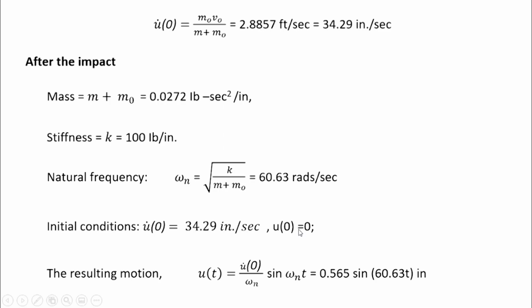Here the initial displacement was 0, so we don't have the cos omega n t term. So the total response is equivalent to b, that is u naught dot divided by omega n, sine omega n t. We can substitute these values and write the resultant motion of the block in this format. That would be in the unit inches.